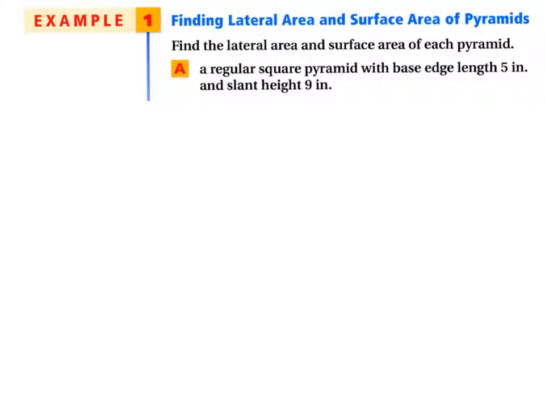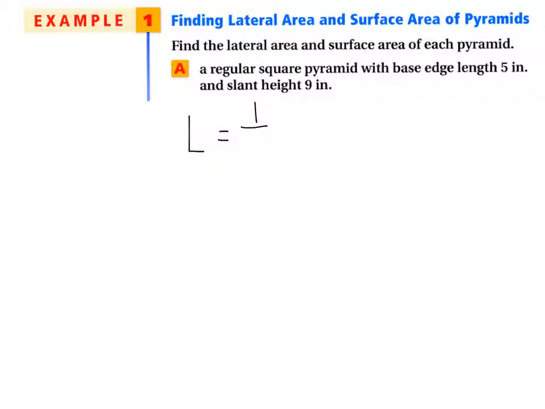So in example 1, let's find the lateral area and surface area of the pyramid. In A, we have a regular square pyramid with a base edge length of 5 inches and a slant height of 9 inches. So, lateral area first.